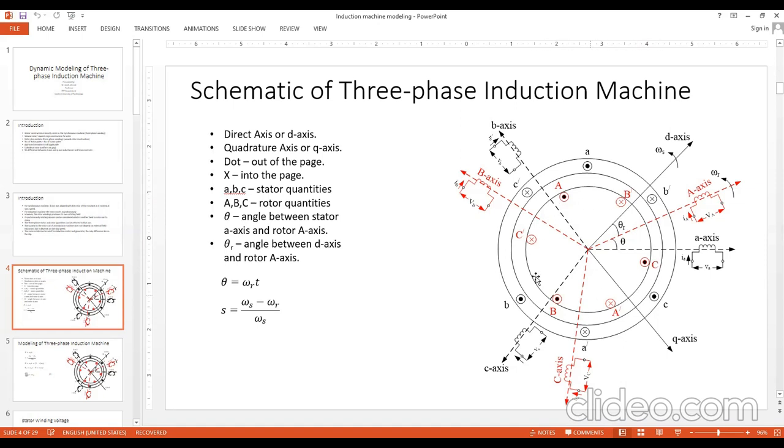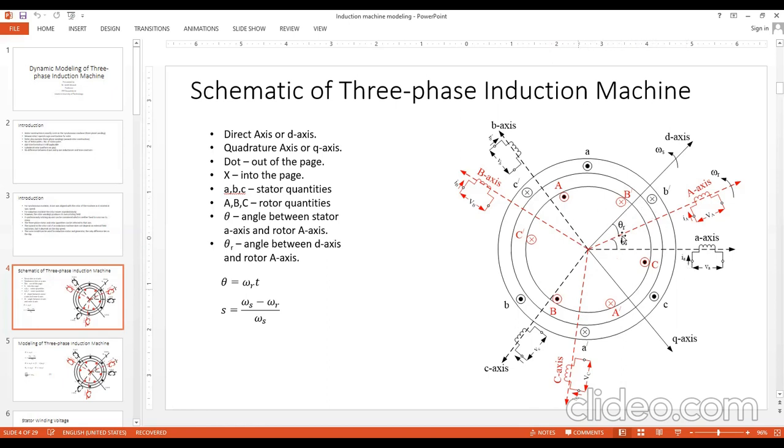Once the rotor coil carries that current, produced by the induced EMF on them, there is a rotor magnetic field. Ultimately, due to Lenz's law, which we have studied at the undergrad level, the rotor would start to move in the same direction as the rotating magnetic field is moving in the air gap.